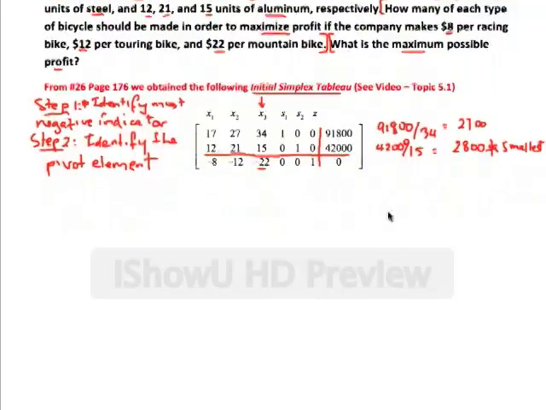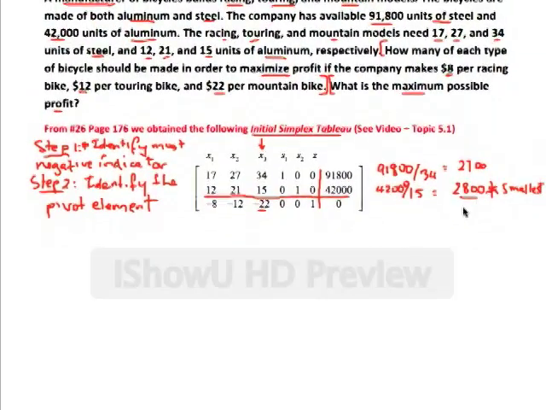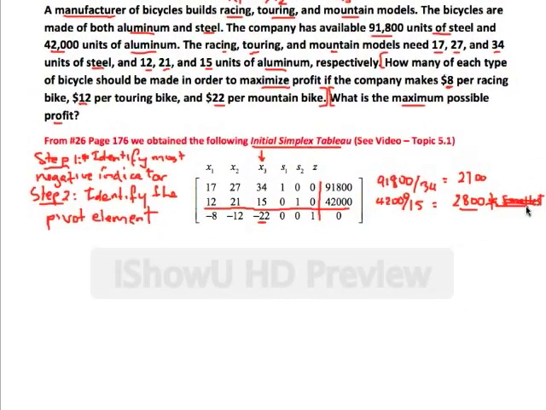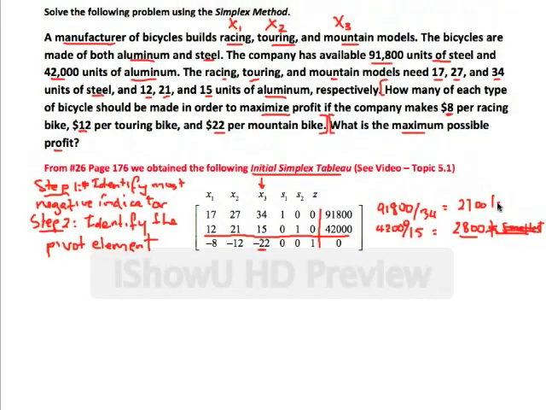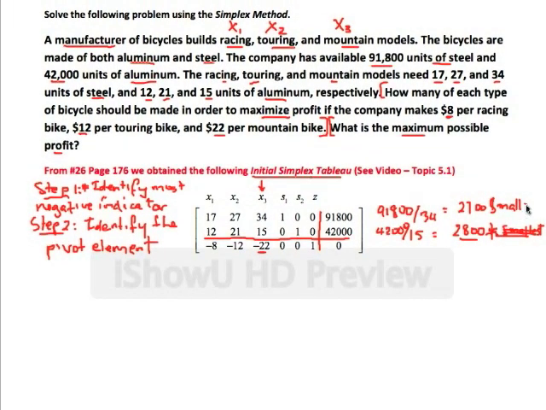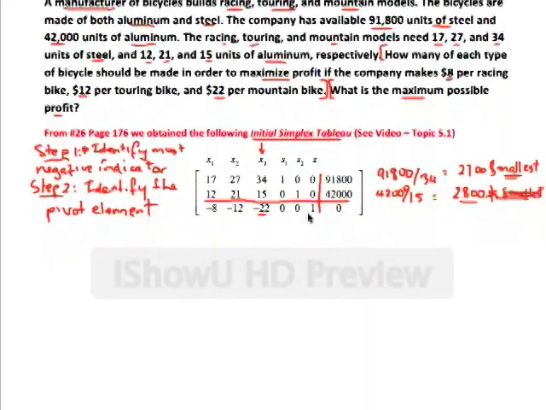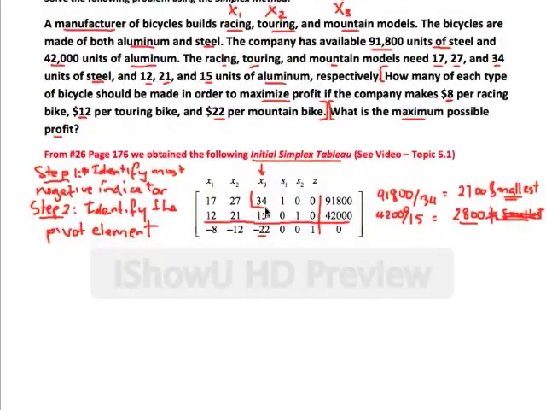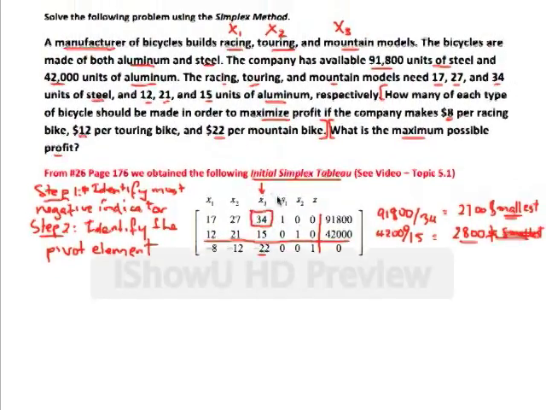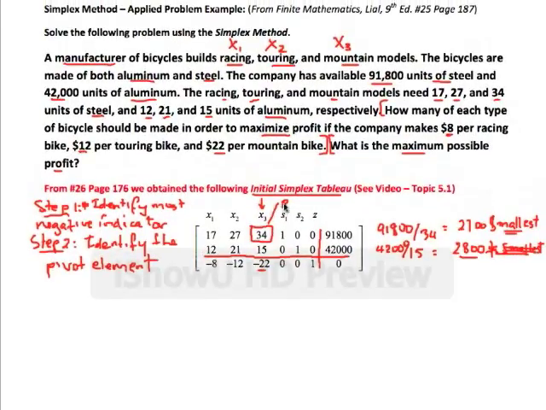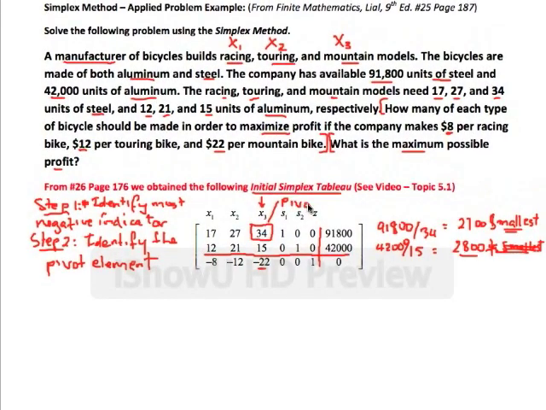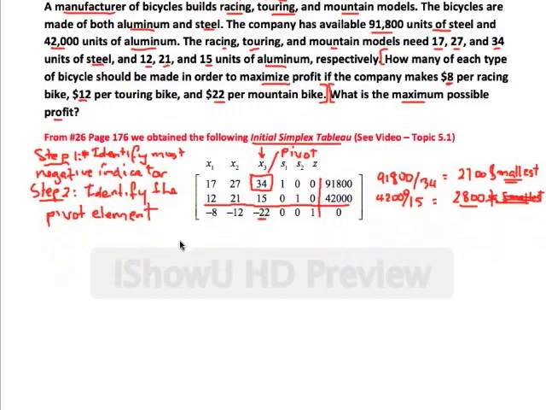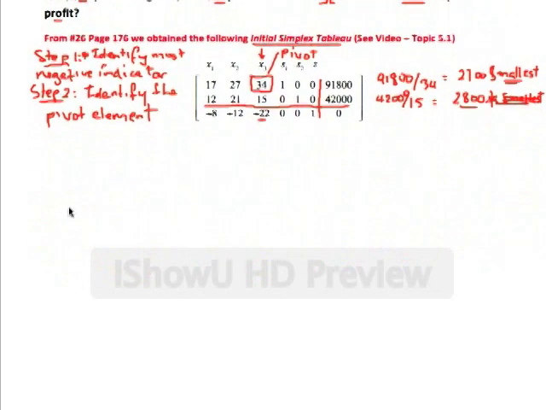So 42,000 divided by 15 is 2,800, so this is not the smallest, this is the largest. So this one here is the smallest. Be careful of your arithmetic with the ratios. So that means this is our pivot. So we have our pivot element.